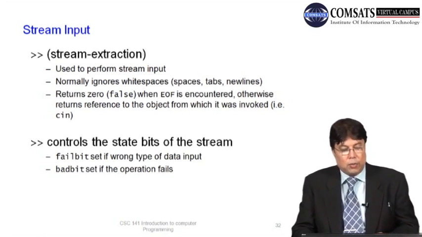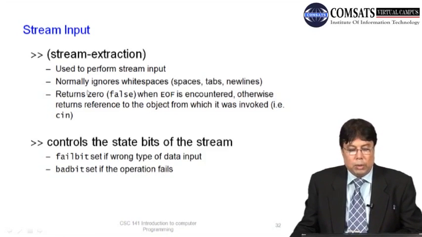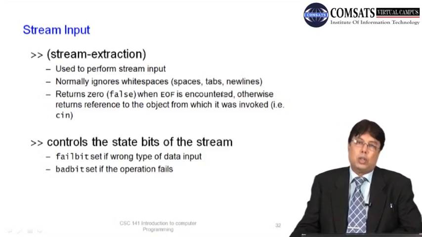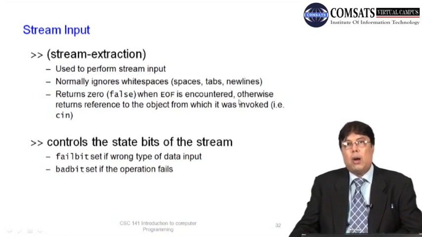It is used to perform stream input, normally ignoring white space. Whether it is a single space, a tab, or a new line, those are already handled, so it ignores them, and returns 0, meaning false, when end of file is encountered.